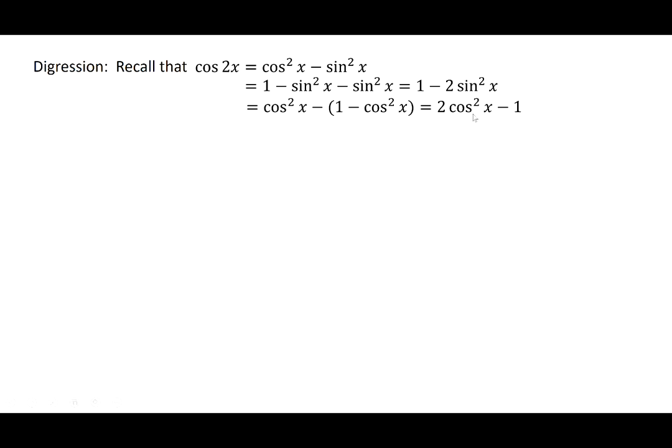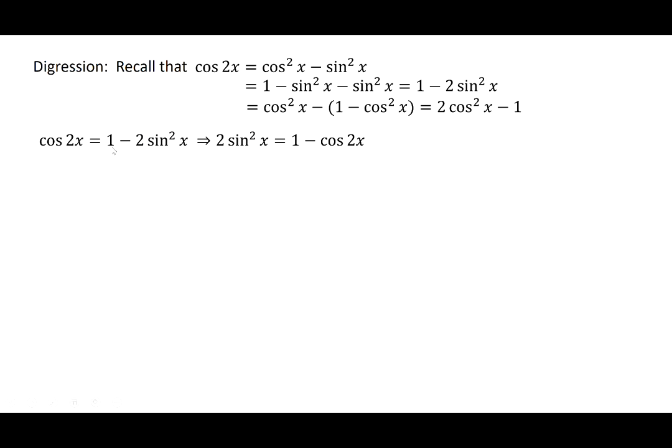Now you might be wondering, why are you doing all of this? That's because we can now take the version cosine 2x is 1 minus 2 sine square x and solve for sine square x.